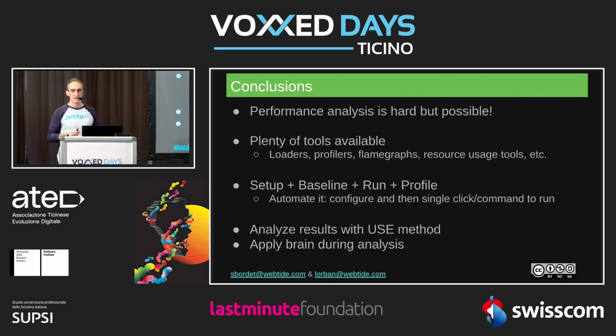So, conclusions. Performance analysis can be hard, but it's possible. It's 2024, there are the tools available to do whatever you need to do. There's plenty of tools available: load generators, profilers, flame graphs, and resource usage tools, whatever.